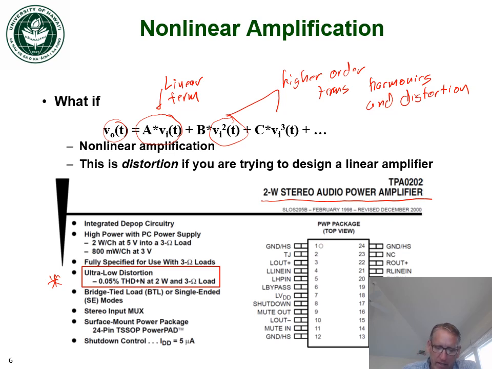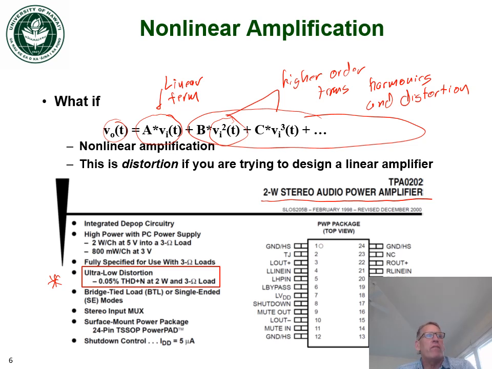That basically means you add up all these other terms, how large they are compared to your linear term. So you want those other terms to be small compared to your linear term, and if you sum all those other terms up and add the noise generated by your amplifier, you get the total harmonic distortion plus noise.